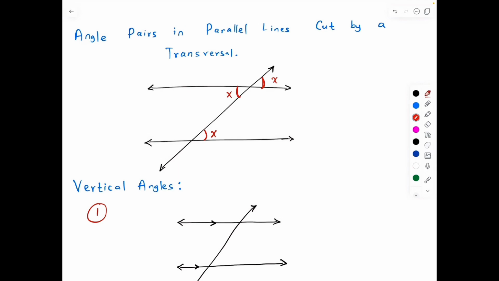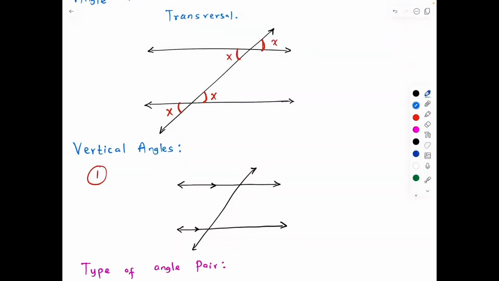So which also means that if this angle is also X, and using vertical angles, these angles will be X too. So in this video, I was able to use the ideas from the other video that I made that talked about corresponding angles and vertical angles.